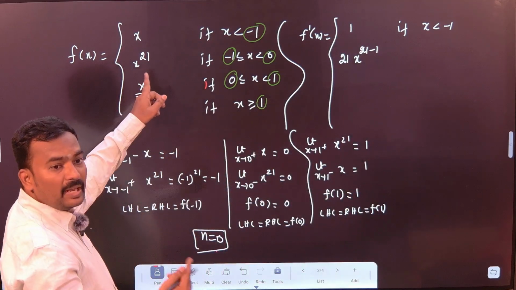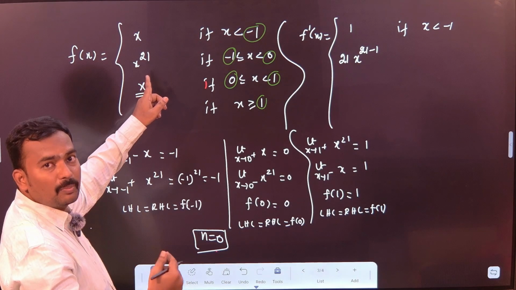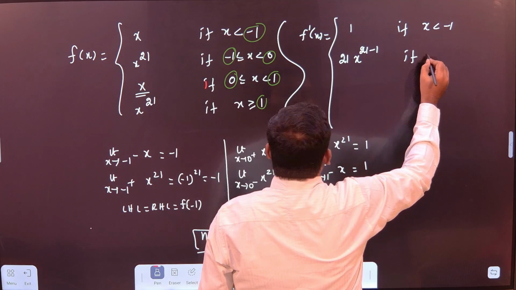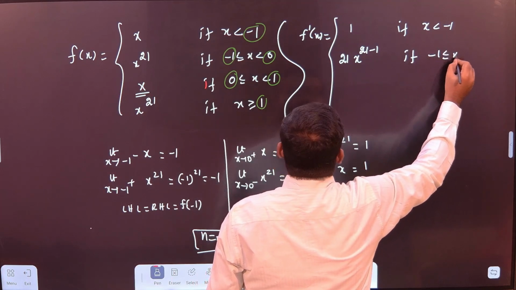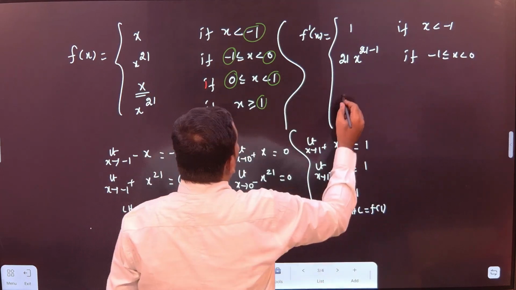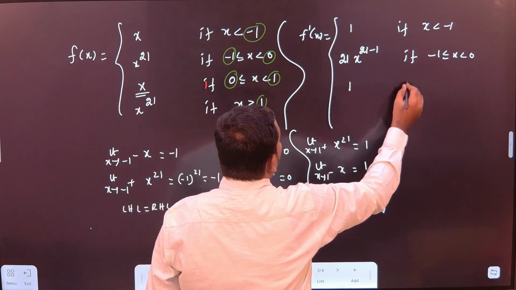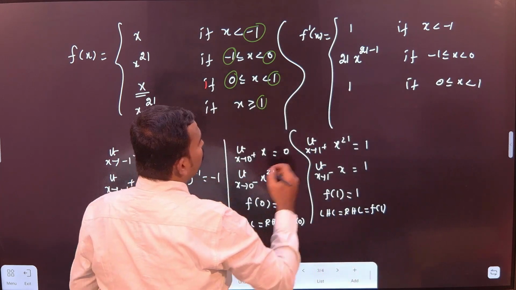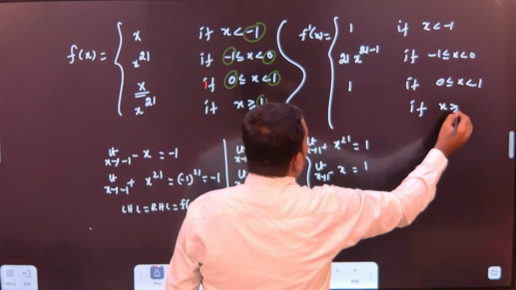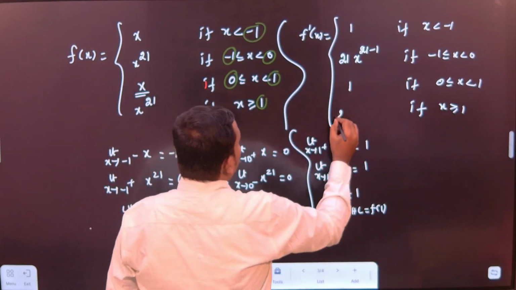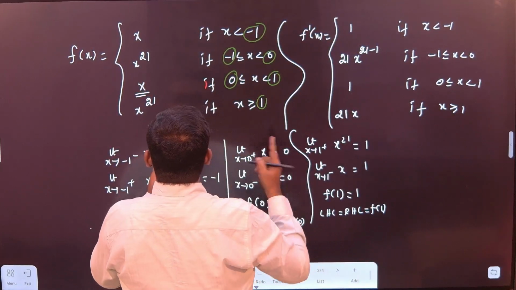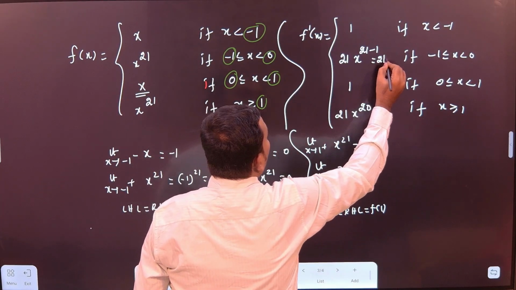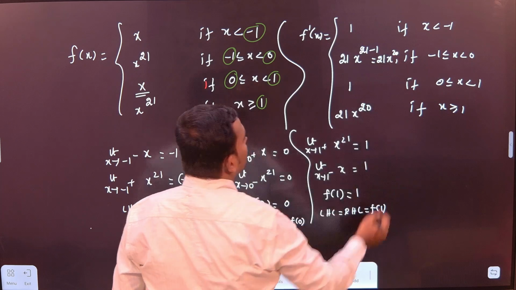Correct? X to the power n differentiation. Okay. If x is minus 1 to 0, you take 1. If x is 0 to 1, 1. When x is more than 1, the differentiation is again 21 x to the power 21 minus 1, which is 20. So here also you can write 21 into x to the power 20.